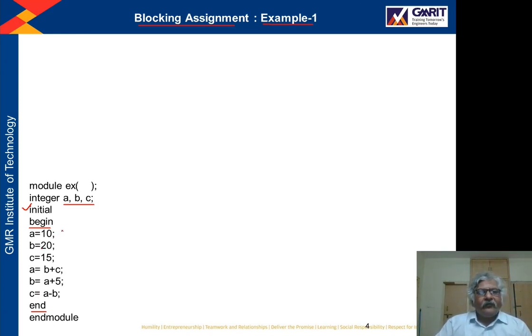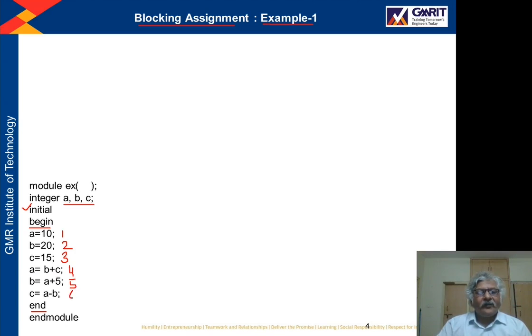So here the first statement is A is equal to 10. So 10 will be assigned to A. The second statement is B is equal to 20. 20 is assigned to B. The third statement is C is equal to 15. 15 is assigned to C. And the fourth statement is A is equal to B plus C. The fifth statement is B is equal to A plus 5.